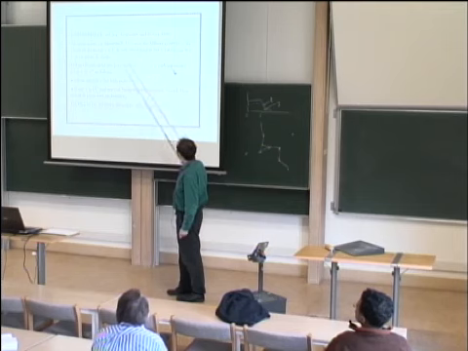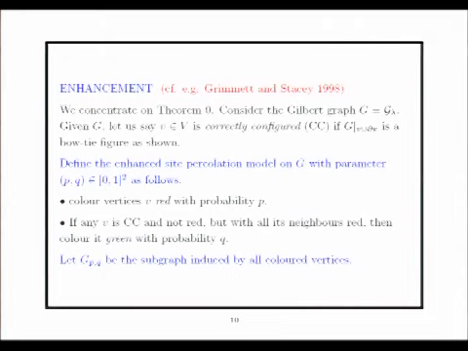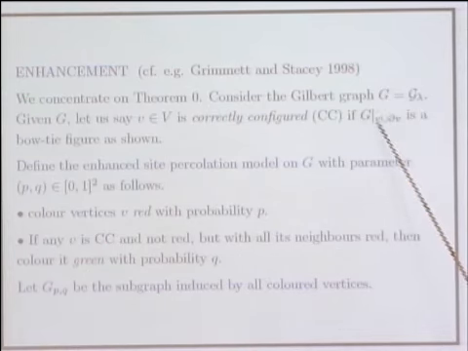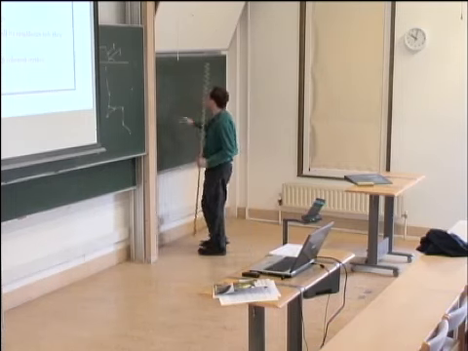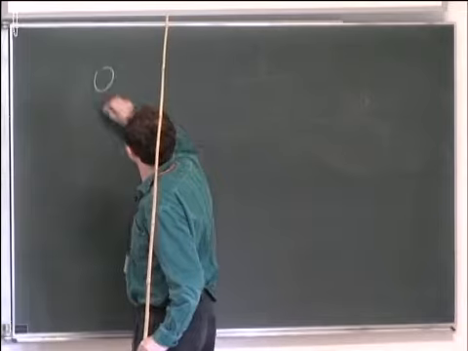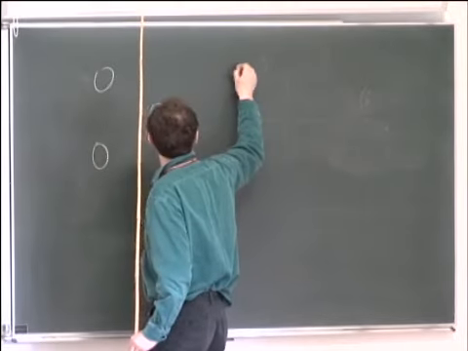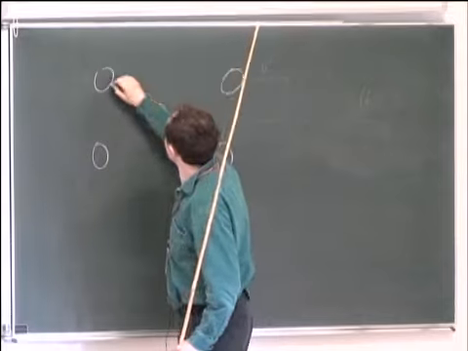So how's the enhancement going to work in this particular case? We're going to say that a vertex in this Gilbert graph is correctly configured if the restriction of G to V, a particular vertex V, and its neighbourhood in the graph, so the neighbouring vertices, is a bow tie figure as shown. Well, when I say as shown, I mean as I'm going to show by drawing it on the board. So there's a nice bow tie.